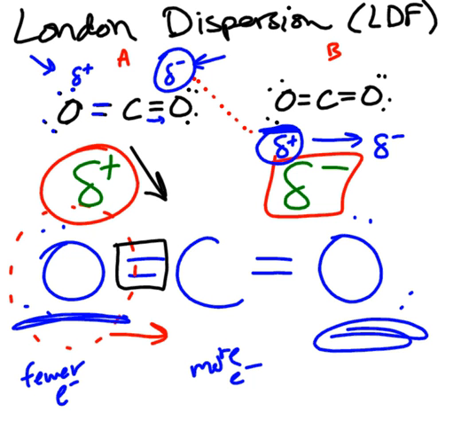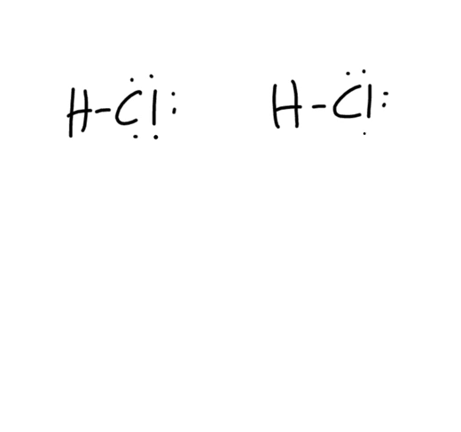Now, the other two are actually quite simple, because this is kind of the harder one to wrap your mind around. So now with dipole-dipole, let's take hydrogen chloride and hydrogen chloride. They don't have to worry about the slight chance of electrons wanting to be on one side or the other.